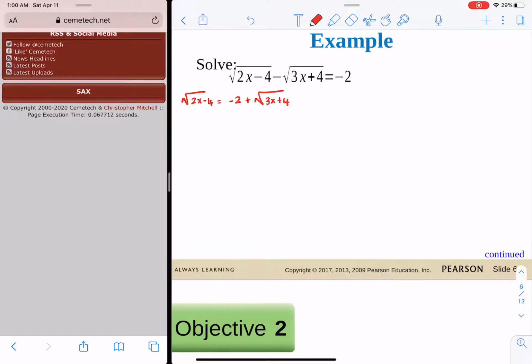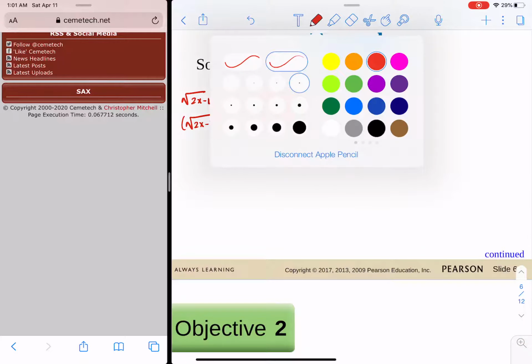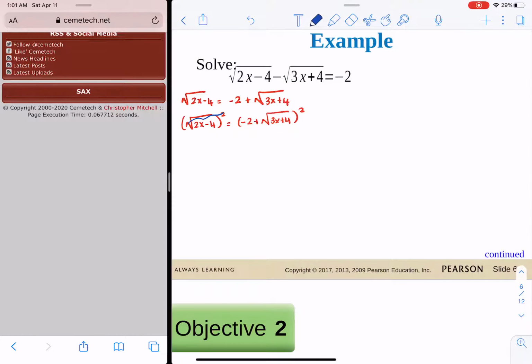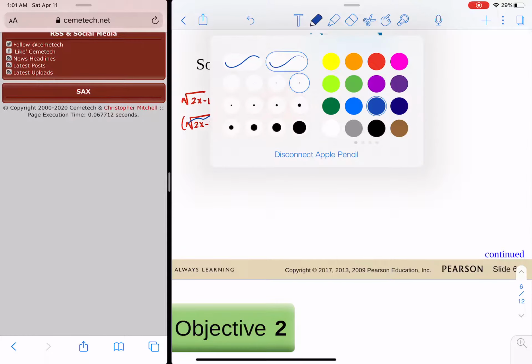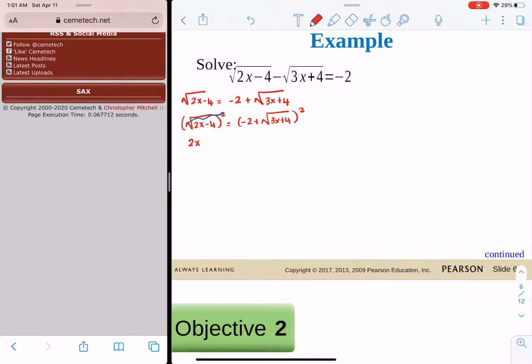We square on both sides. So the root and the square would go away on that side. And on the right hand side, we have to FOIL.